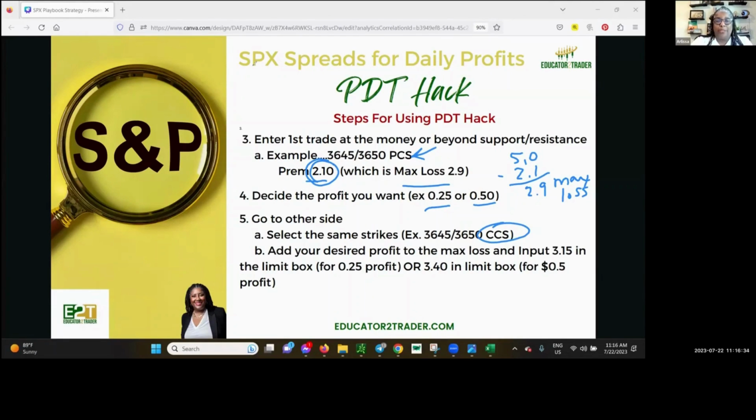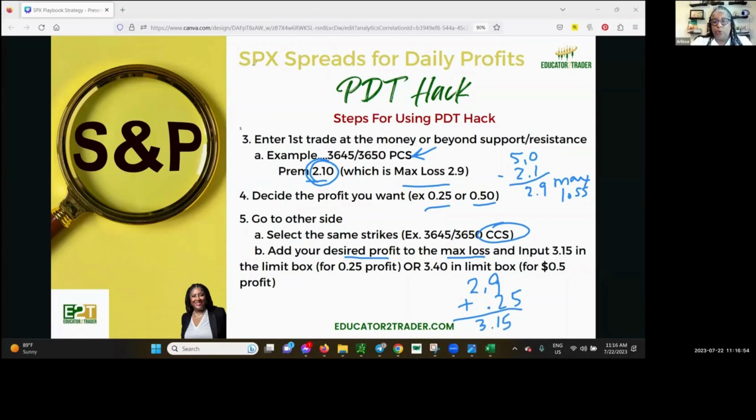You want to add your desired profit to the max loss of that first trade. In this case, max loss was 2.9. If we say we want $25 profit, we're going to add $25 to that, and we end up with $315.